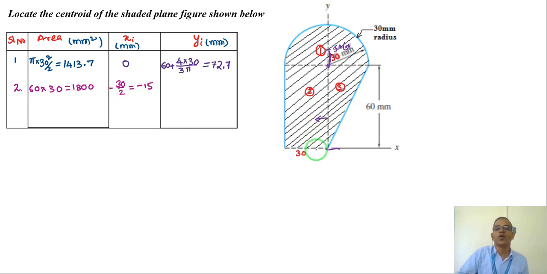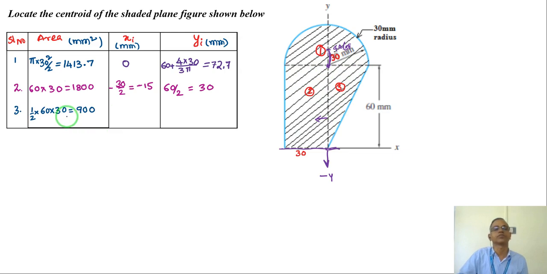So y cannot be negative because this x-axis, now all area is in the positive y direction. If area is downwards, I would have given negative y. But now my area is on the positive side, so y will be from here half of the 60, which is 30 millimeter.